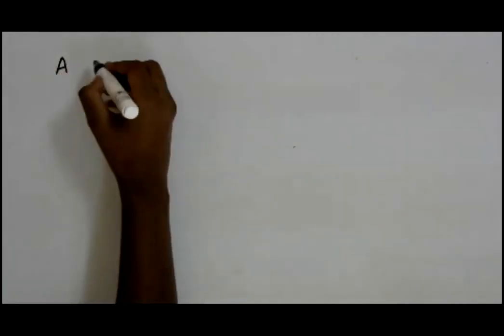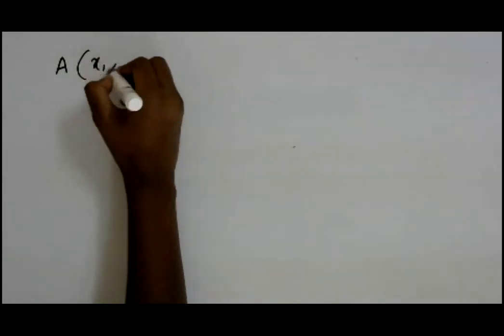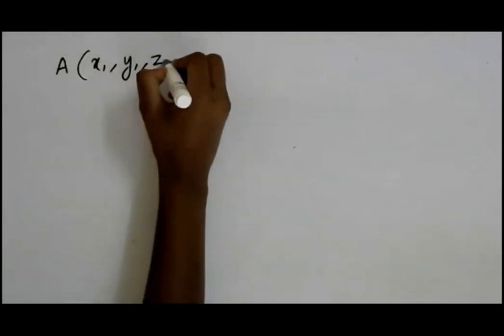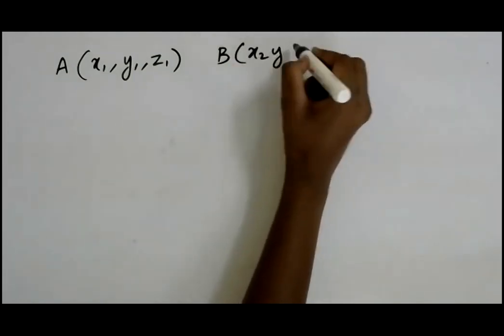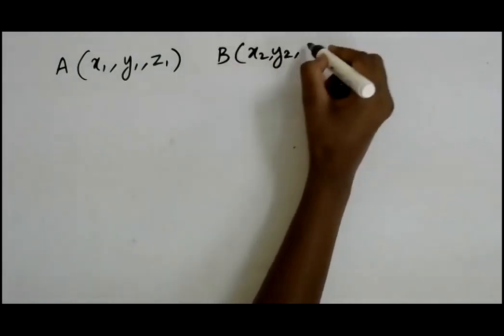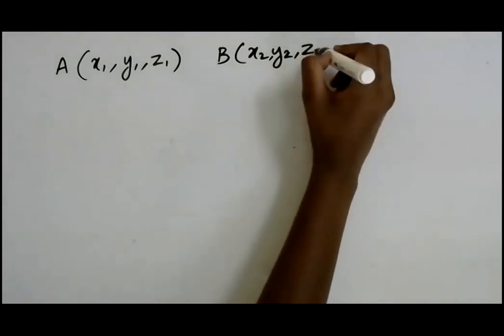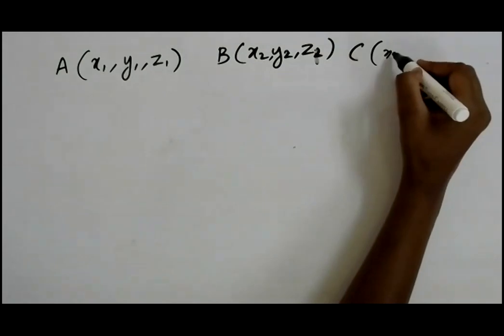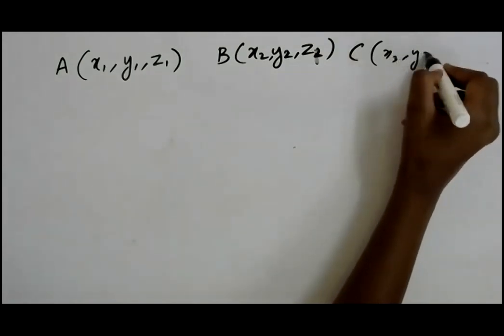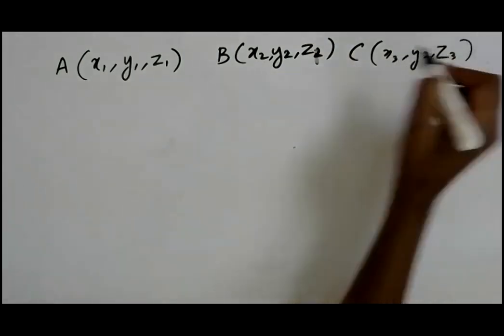Now let's generate an equation of a plane passing through three given points. Let the points be A, B and C, where A is given by x1, y1 and z1, B is given by x2, y2 and z2, and similarly C is x3, y3 and z3.